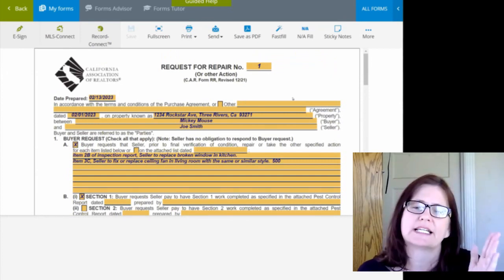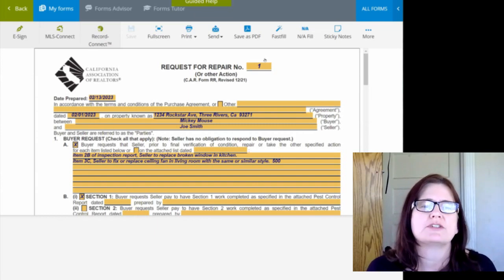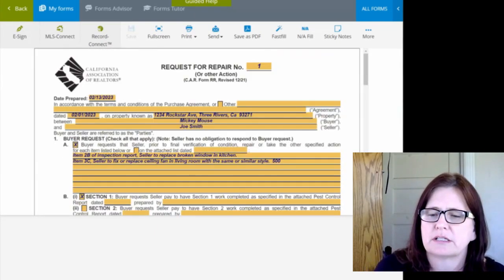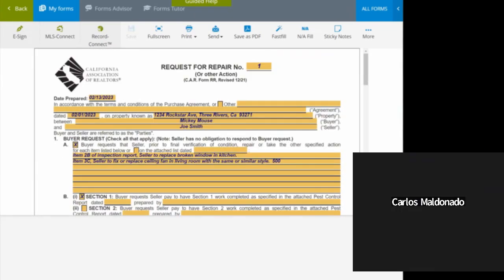So I'm going to move on to the contingency removal form, but before I do that, are there any questions? I've got one. Let's say we're canceling due to the home inspection. Is there somewhere on the cancellation of escrow where we check, hey, we're canceling due to the home inspection, or due to the appraisal? There is on the cancellation of escrow form, and if we have time, I can pull it up.